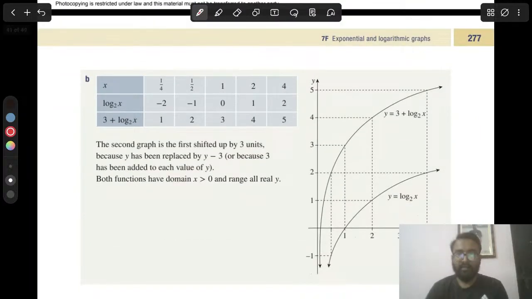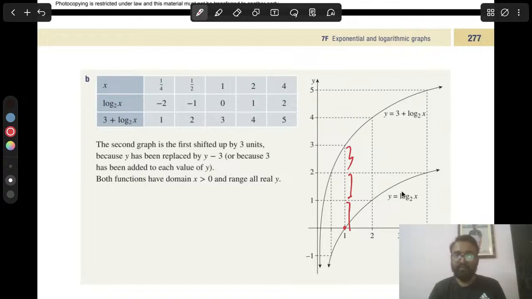These are the graphs we have to understand, and how many steps it has moved up or down. Here it is up. So how many steps has it moved up? 3 steps.